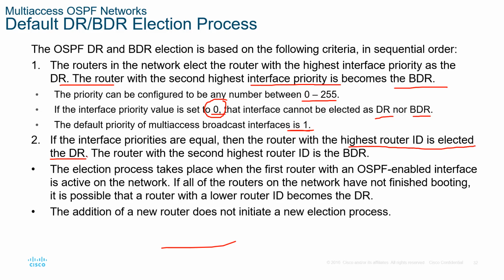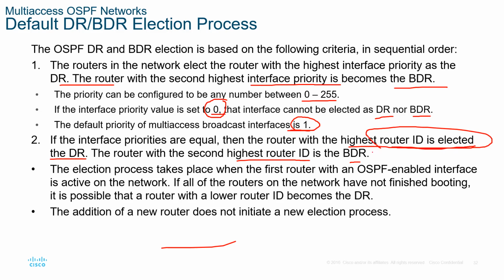So if I want to rig the election now, and I want router 1 to be the DR, I just increase the priority value. The router with the second highest router ID becomes the BDR. So if I change the priority value above 1, or change the router ID to be the highest, then I can rig the election.